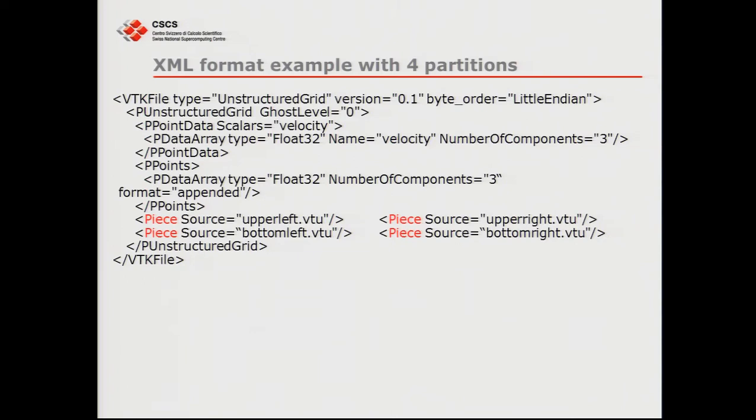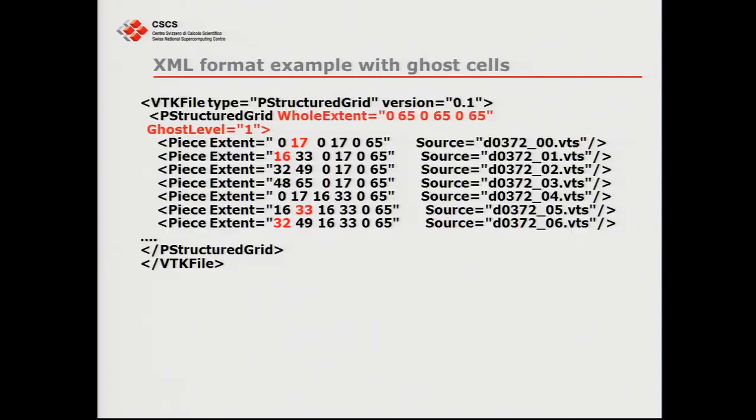If we have a structured grid, here we have an example where the data set is partitioned among multiple objects, and we see that we specify the IJK indices of the partition, and we actually have some overlap.